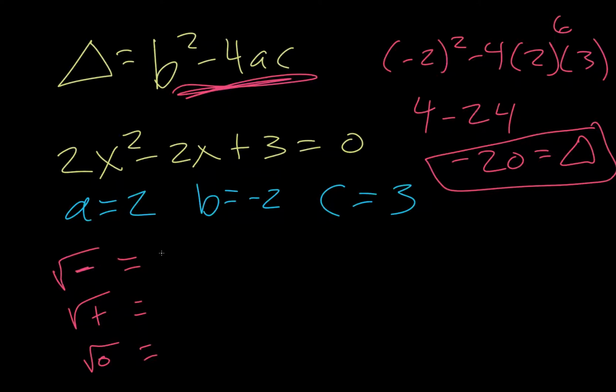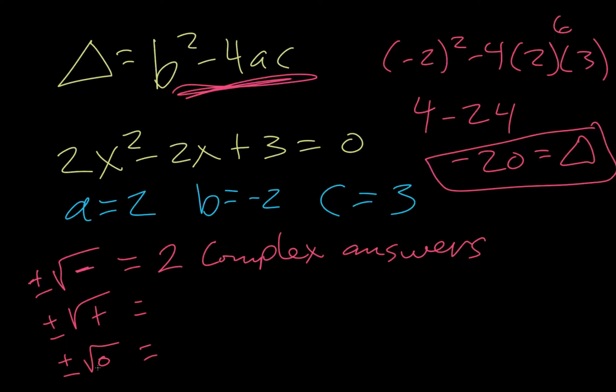And if we look at the quadratic formula as a whole, that's actually going to give us 2 complex answers. Okay, because remember, in the quadratic formula, there's actually a plus or minus out in front of all of these. And so it gives us 2 answers. Okay, 2 complex, let's call them roots, I guess. Let's say roots.